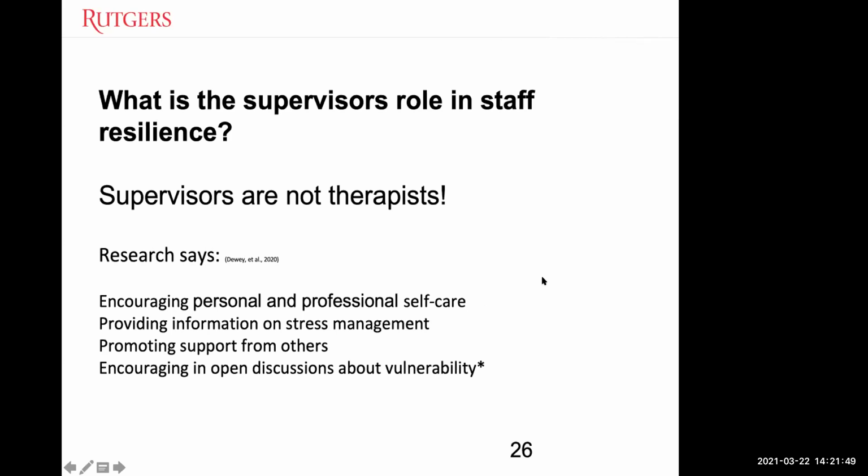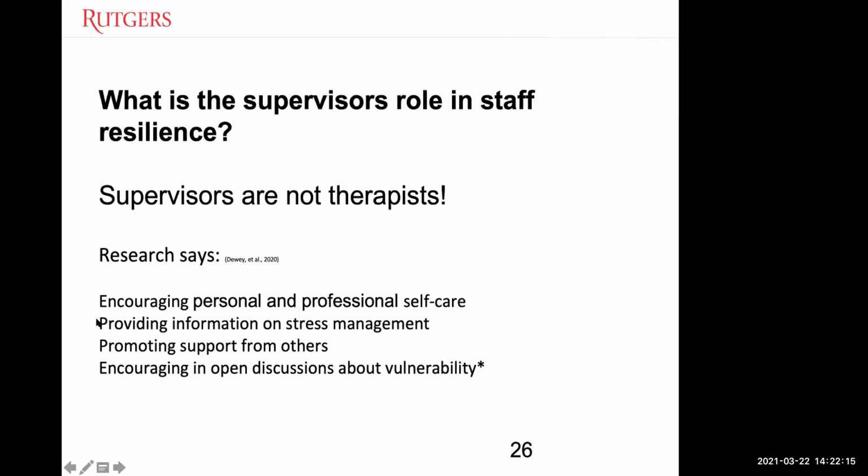And so some of the exercises we did today are that, right? Getting people to think about it and strategize, what might work for them, what's realistic. Providing information on stress management, promoting support from others. So if we can use some team building and have collegial support, it makes a huge difference.